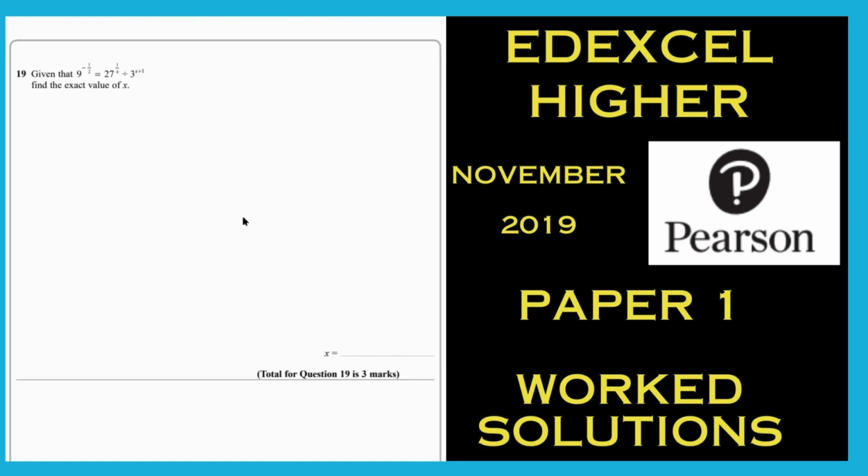Number 19. With these questions, you've always got to spot the connection. The 9, the 27, and the 3 are all powers of 3. Get them rewritten. Replace the 9 with 3 squared. Replace the 27 with 3 cubed.